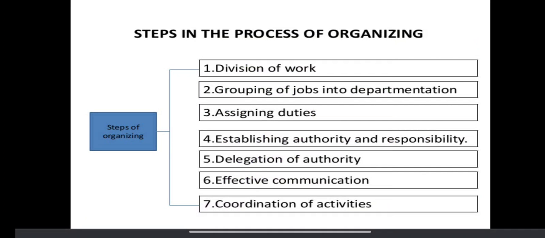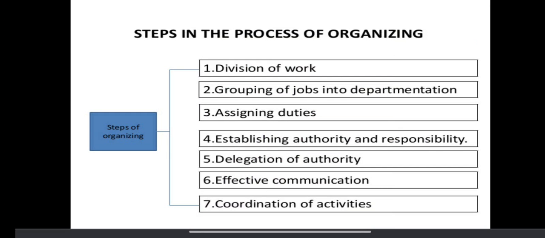As we all know, organizing is a secondary function of management and the primary function of management is planning. When we plan for the present, for the future, and considering the past, whatever we planned, those plans should be in an organized manner.